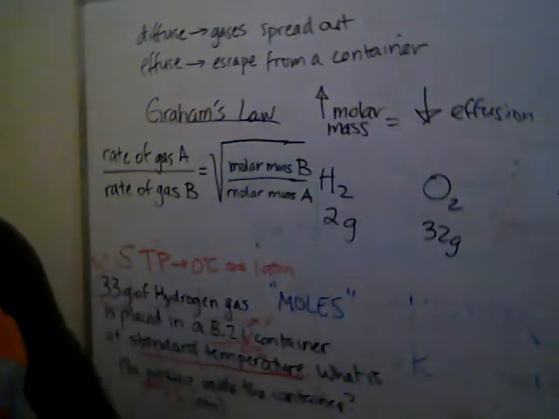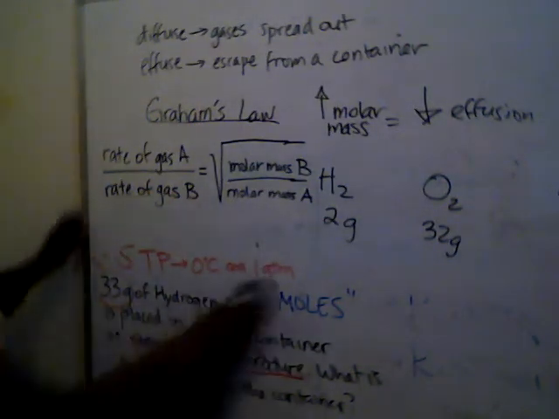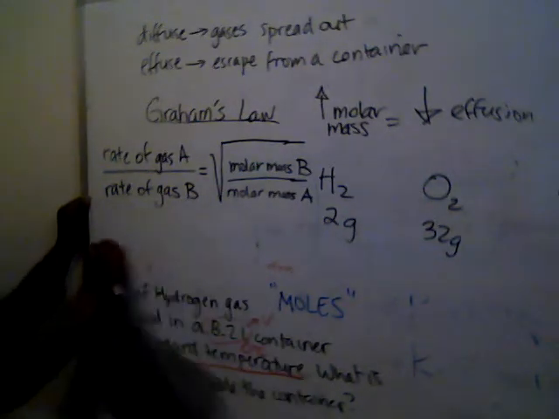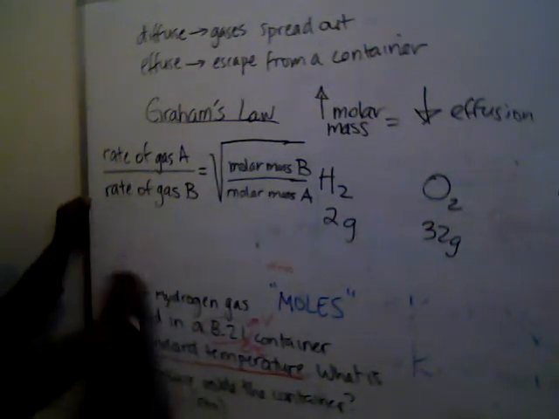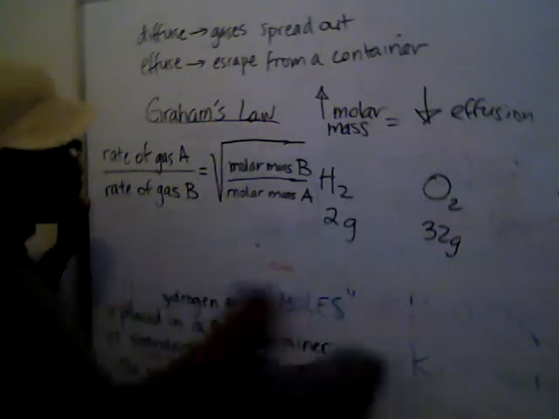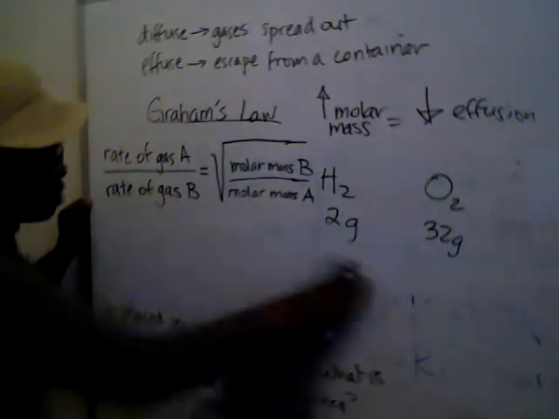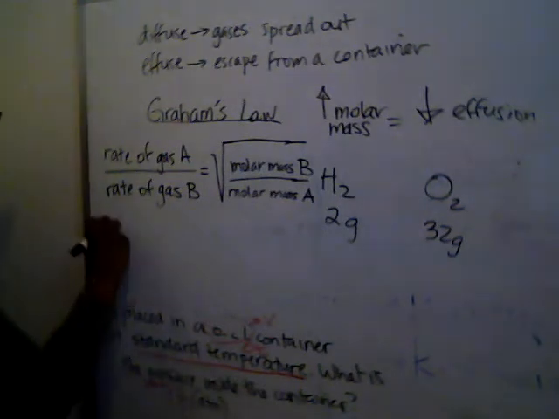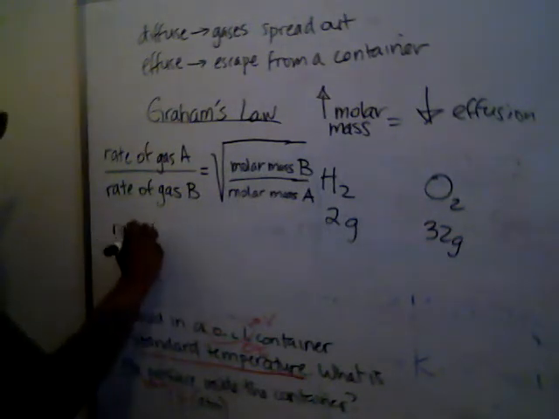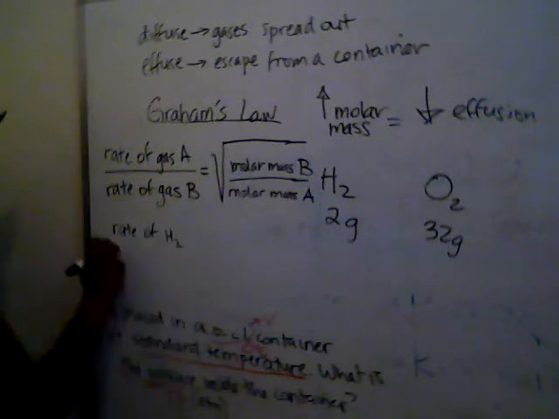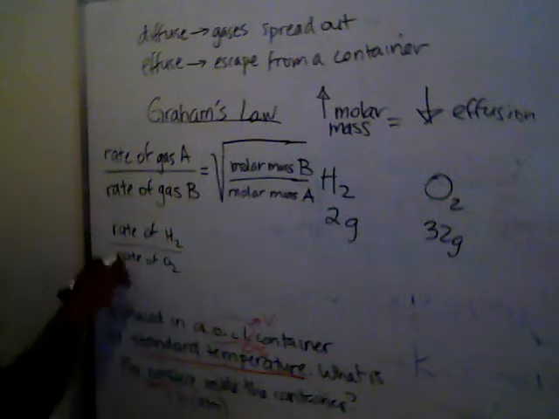So if we keep on using our hydrogen-oxygen example, we already have the weights, so the way that we would actually input this into our equation would be, we would say the rate of, let's say hydrogen is A, to the rate of oxygen. So this is like a ratio or a comparison.